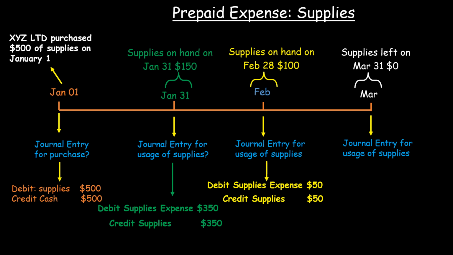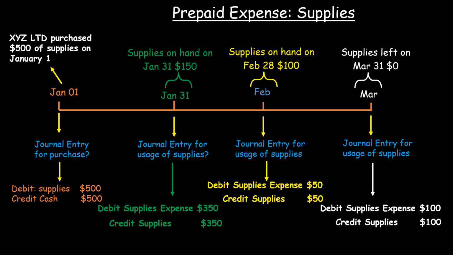Finally, at the end of March, we have totally used that now. So at the end of February, we had $50 worth of supplies remaining, which has totally been used now in March. So we are going to debit our supplies expense and credit supplies. By that time, our supplies account balance will be zero.